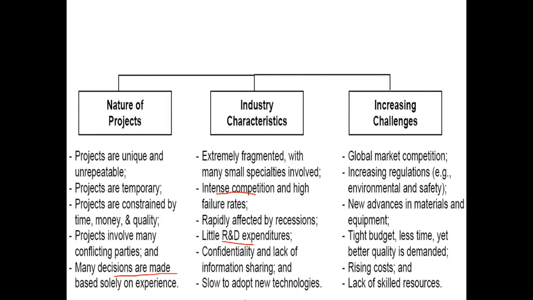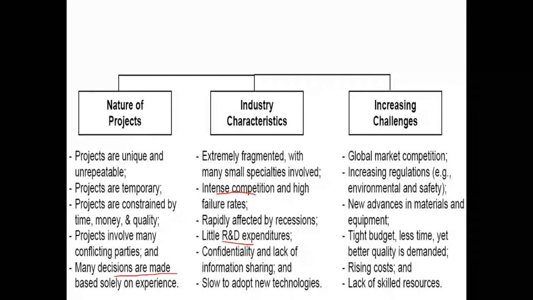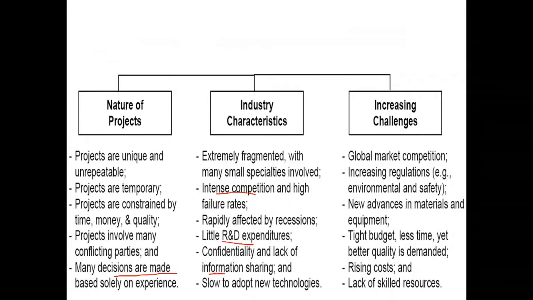Confidentiality and lack of information sharing, again, related to the sort of legal conflicts which could potentially arise. So very often we see construction contractors even reluctant to share Excel spreadsheets and bare minimum sharing of information to avoid any potential lawsuits in the future, or slow to adopt new technologies.